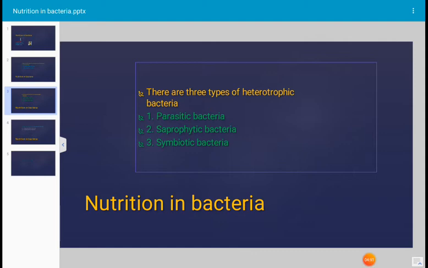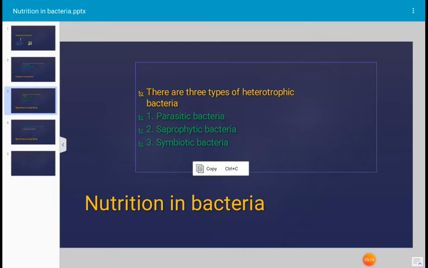This type of mutually beneficial relationship between the plant and bacterium is described as a symbiotic relationship, and those bacteria are described as symbiotic bacteria. These three types are the heterotrophic bacteria, the heterotrophic mode of nutrition in bacteria.